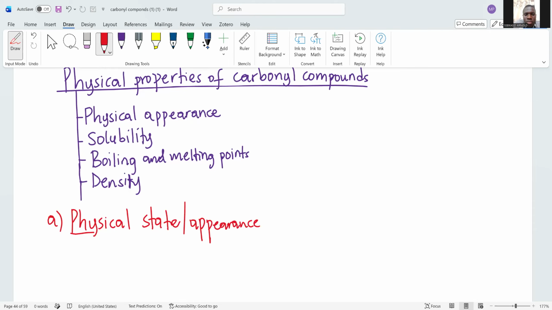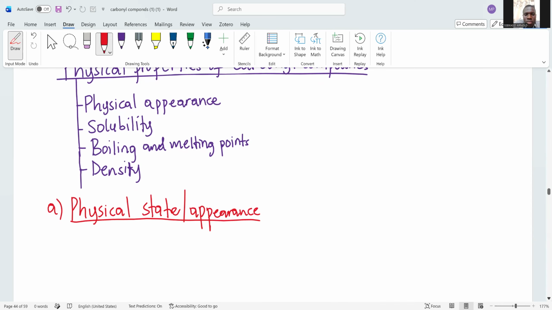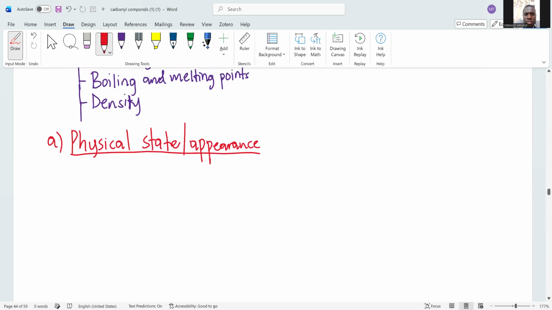In bonding, you've been taught that the physical appearance of a compound changes according to its molecular weight. You will find out that methanol is a gas. Why? It has a very low molecular weight.